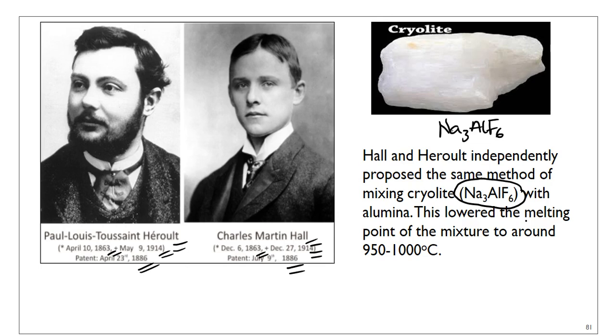So you can melt the mixture, and it's going to melt around 950 to 1000 degrees, which may seem really high, but it's a significant reduction compared to the original melting point of alumina. And it is still used to this day. This is how people make aluminium, like the aluminium foil that you have in your kitchen. They mix cryolite with alumina, which is Al2O3, and that lowers the melting point.